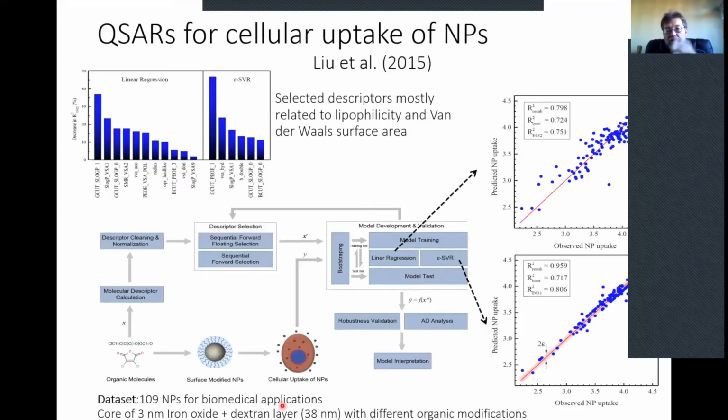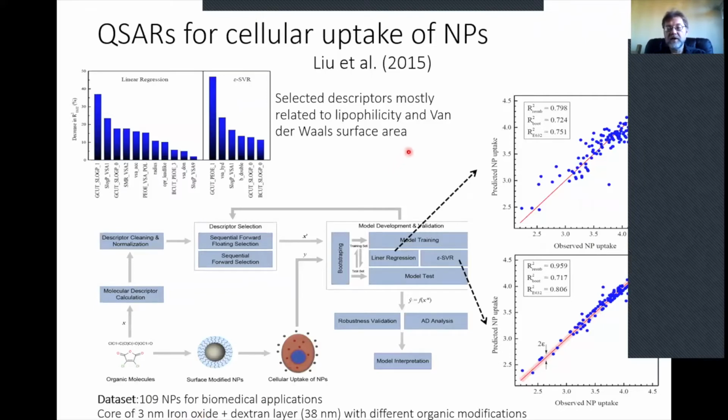So I'm going to show you that it's indeed possible, what motivated us, and some of the publications that demonstrated that based on these advanced descriptors of nanomaterials, you can make complex predictions. So here in this paper, the group from Barcelona predicted cell uptake of different nanoparticles. There were iron oxide nanoparticles with different modifications.